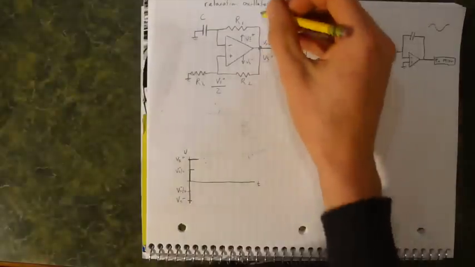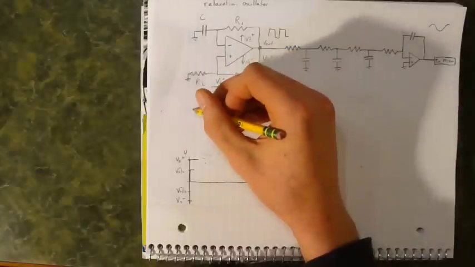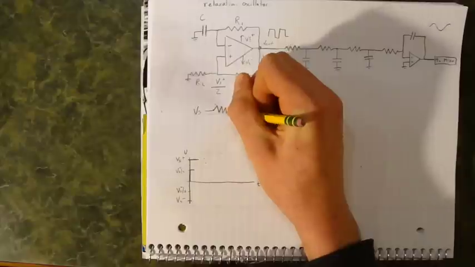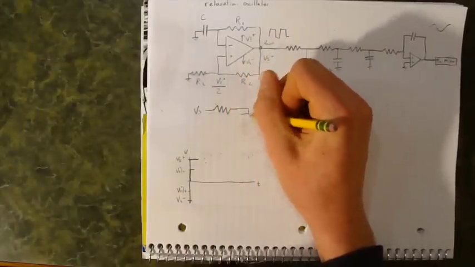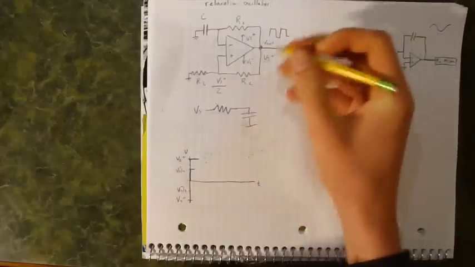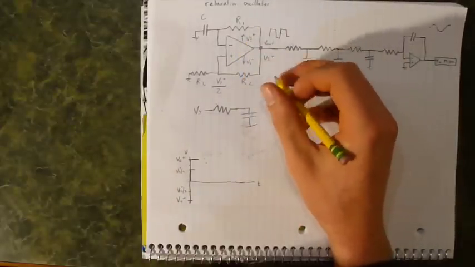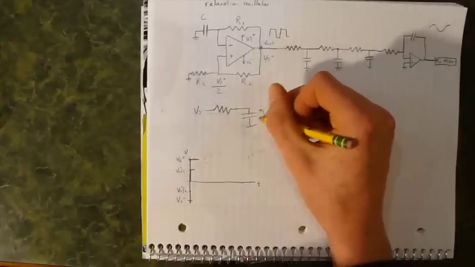Now let's look at the above part of the circuit, and that should look very familiar right now. It is Vs into a resistor and across a capacitor into ground. And this pin right here, the V negative pin, is equal to the voltage across the capacitor. So this is V negative.